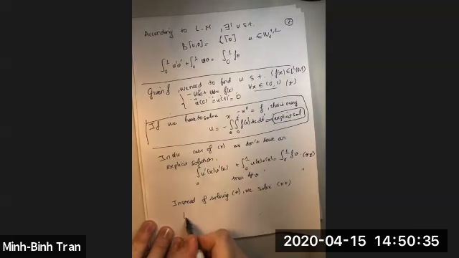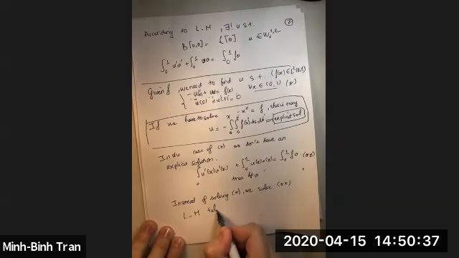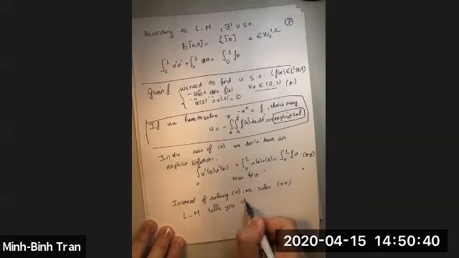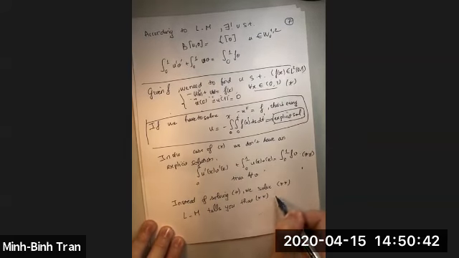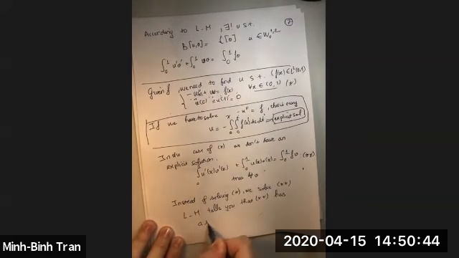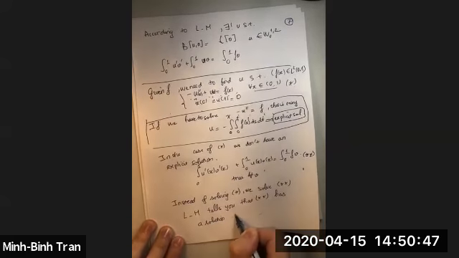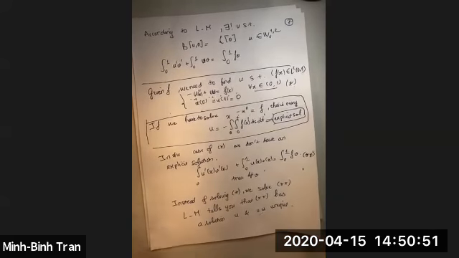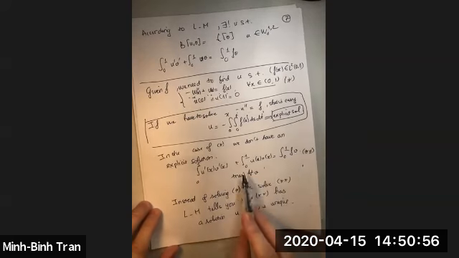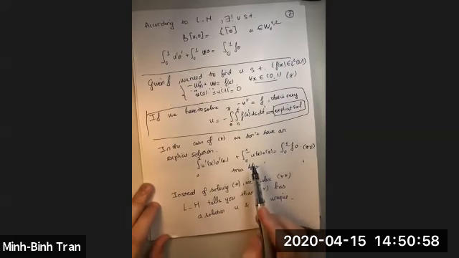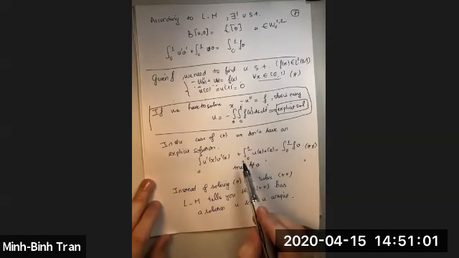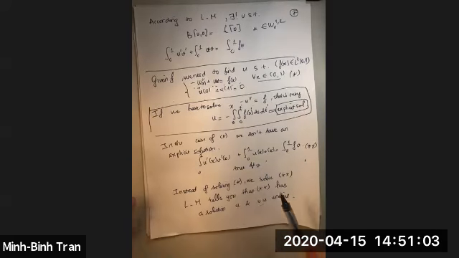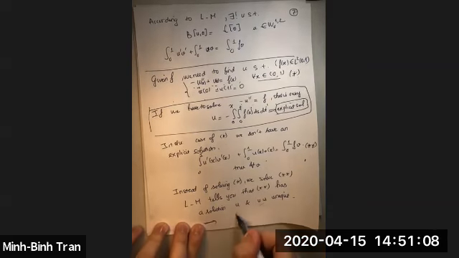And the Lax-Milgram theorem tells you that the second equation has a solution U, and U is unique. All right. So now by Lax-Milgram, you know that this equation has a unique solution. But how do I find this solution? To find this solution, you have to use a method which is the finite element method.